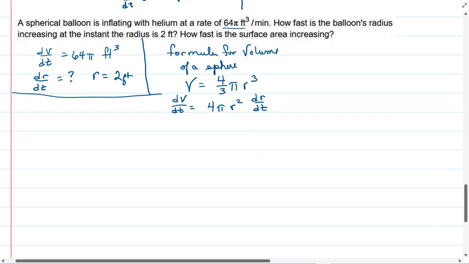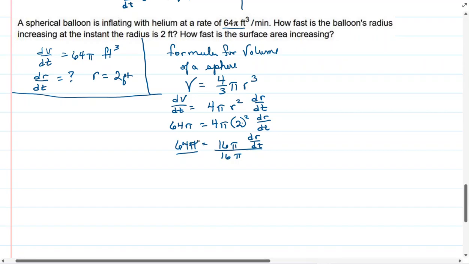We're going to put in everything we know. We're going to do simple math. We're going to divide by that 16 pi.